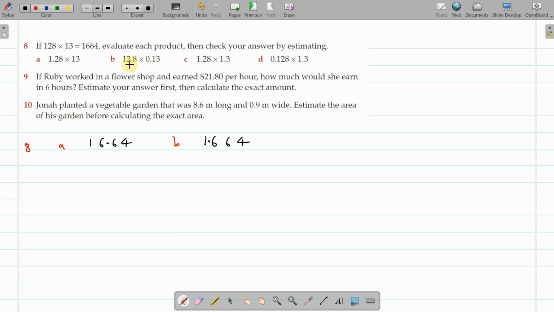Yeah, that's going to make sense. C. 1664. How many decimal places? 1 there and 2 there. That's 3. That's the same as part B. 1 and a bit times 1 and a bit is 1 and a bit.